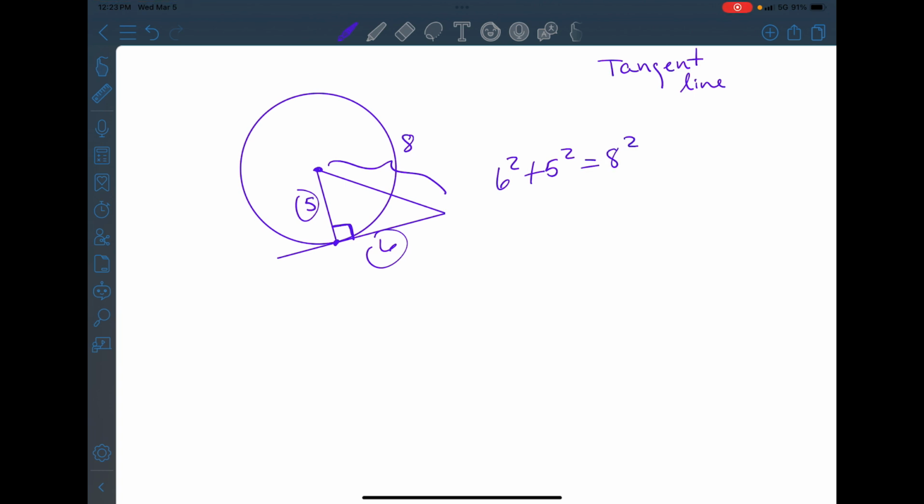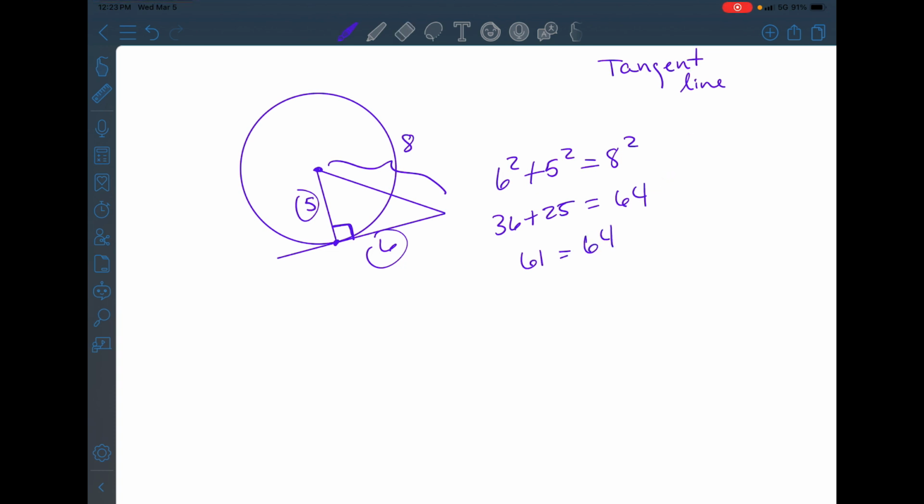And we would just see if these were the same. So 6 squared is 36, plus 25, and then we have 64 squared. 36 and 25 would be 61. And this is not 64 squared, it is 64.